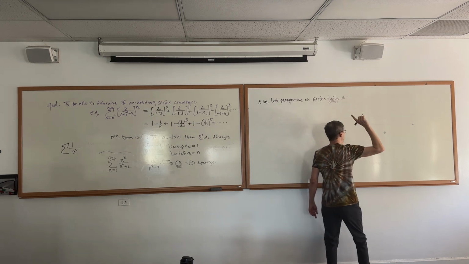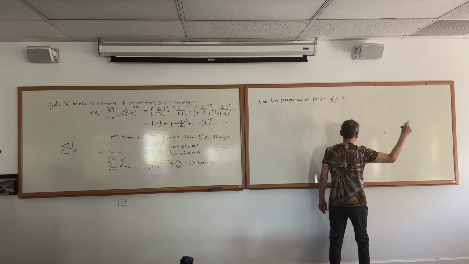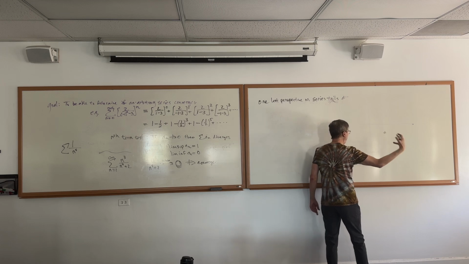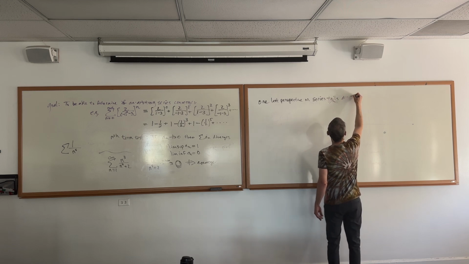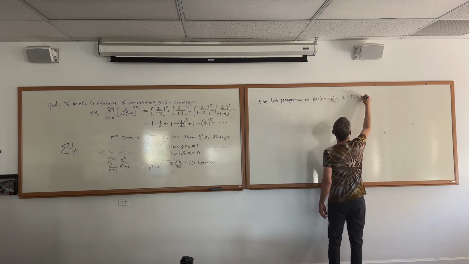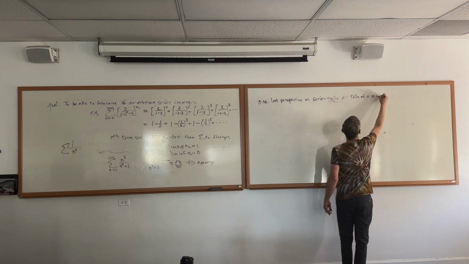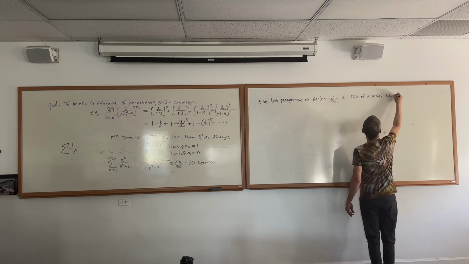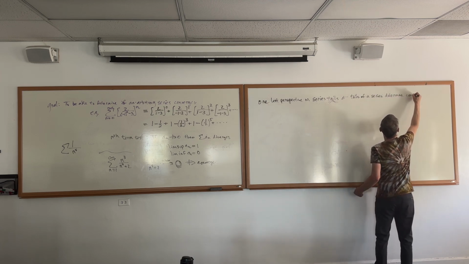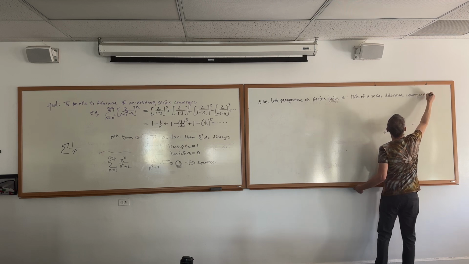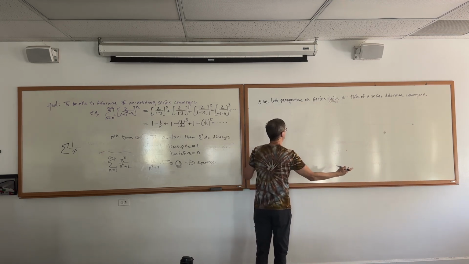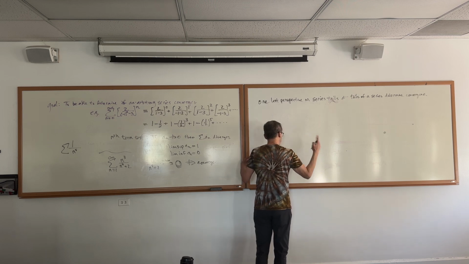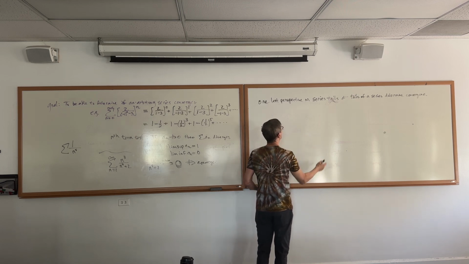It's all about what happens at infinity. It's never about the first 1,000 billion terms. It's always about the limit at infinity. So tails of a series determine convergence. You cannot screw up a series in the first billion terms. It's only with infinity that things can go bad.